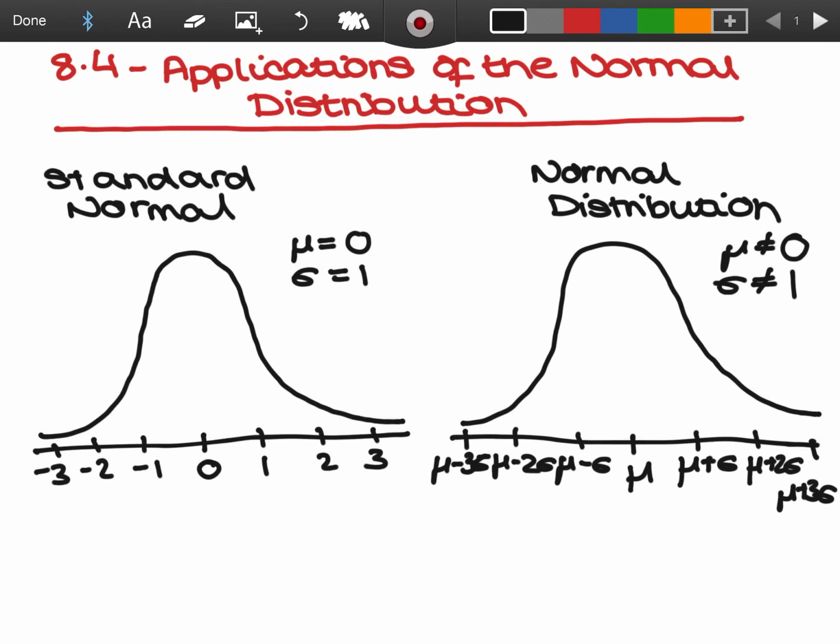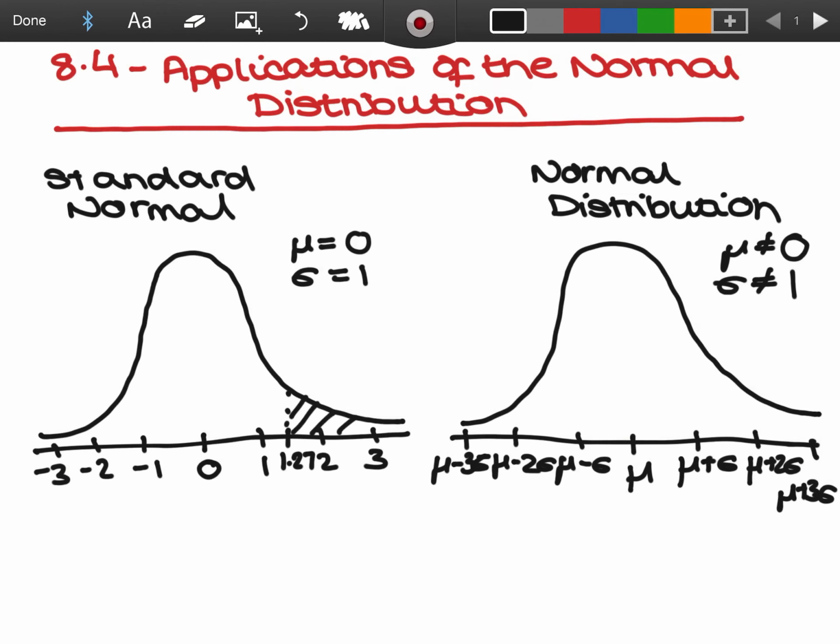The question is, when we did this in 8.3, we were looking at the probability of landing between two values. Let's take a z value of, say, 1.27. What's the probability that you have an outcome that is greater than 1.27? In that case, we looked at where 1.27 was on our standard normal distribution graph, and then found the area under the curve.